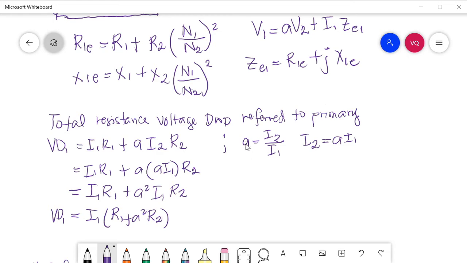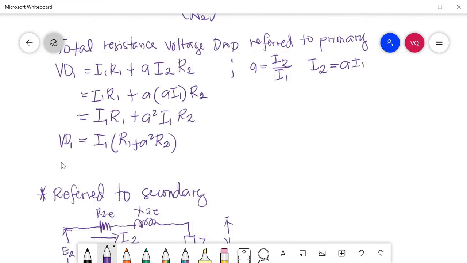Where A is equal to I2 over I1, so therefore I2 is equal to A I1. Substitute this one into our equation. It will be I1 R1 plus A times A I1 R2. So it will become I1 R1 plus A squared I1 R2. Simplifying that, we will come up with VD1 is equal to I1 times R1 plus A squared R2.